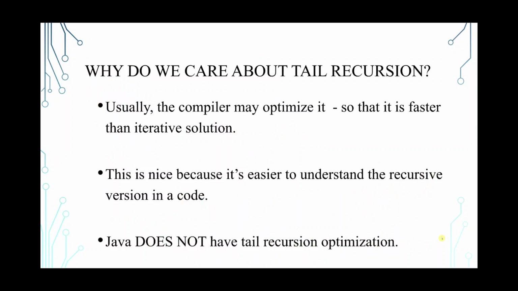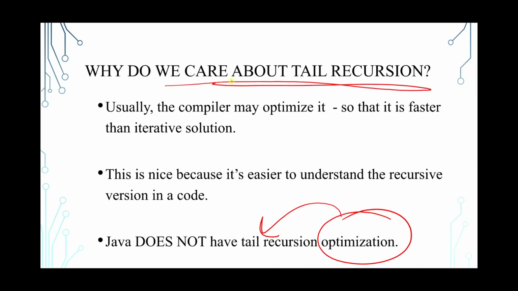So in Java, we do not have optimization for the tail recursive function. It's not going to convert it to an iterative solution. So watch out for this. We do care about tail recursion because, one, Java does not have optimization for it, and in other languages we leave it to the compiler to optimize it.